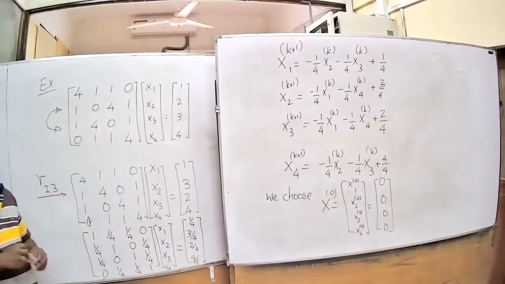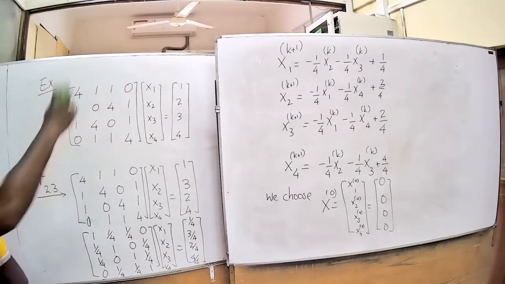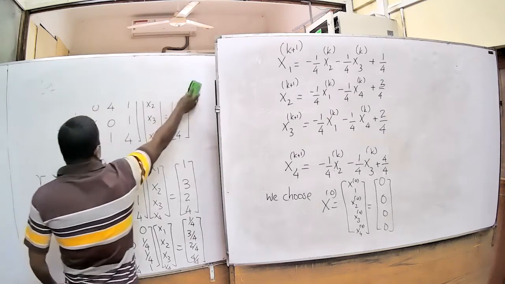If that is not given you can choose 0, it is the easiest choice. You can choose some other values as well, 1 1 1 1, or 1 0 1 1, any initial value you can choose. Now I choose 0 0 0 0, so I will try to find x1, x2, x3, x4.